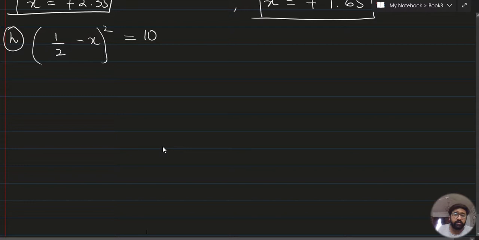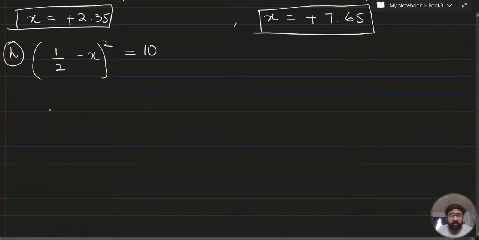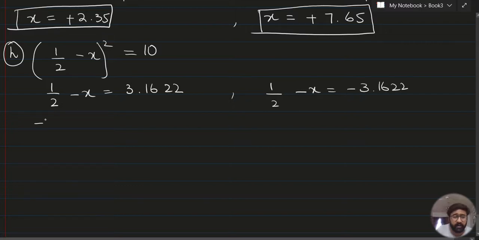Taking square root, we are going to have 1 over 2 minus x is equal to square root of 10, that is 3.1622, and again this side minus 3.1622, and minus x is equal to 3.1622 minus 0.5. 1 over 2 means 0.5.